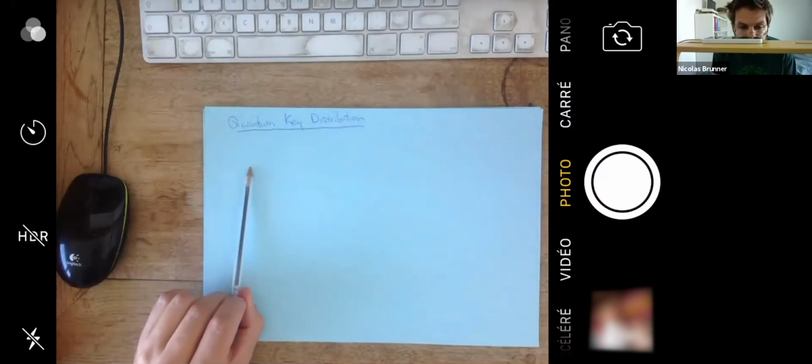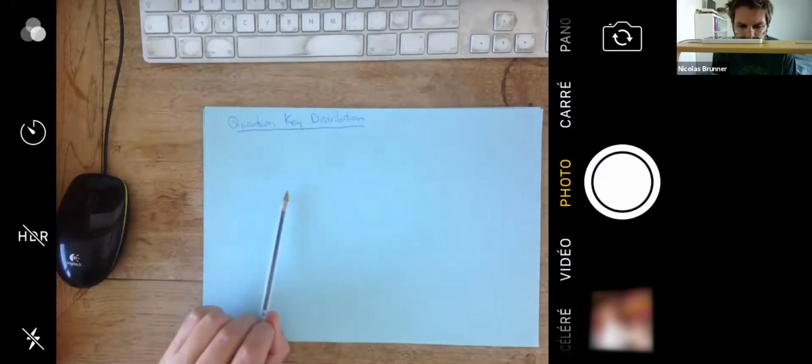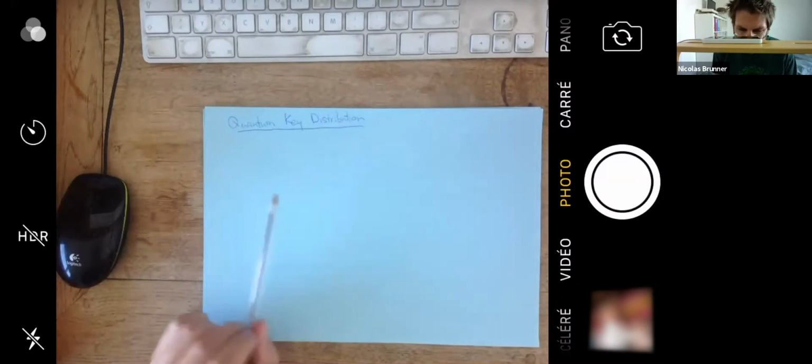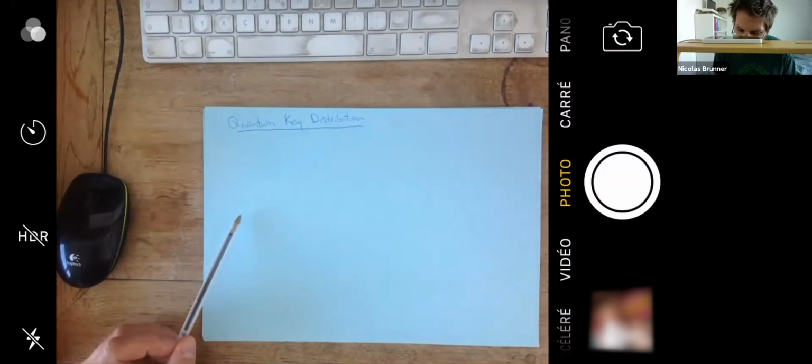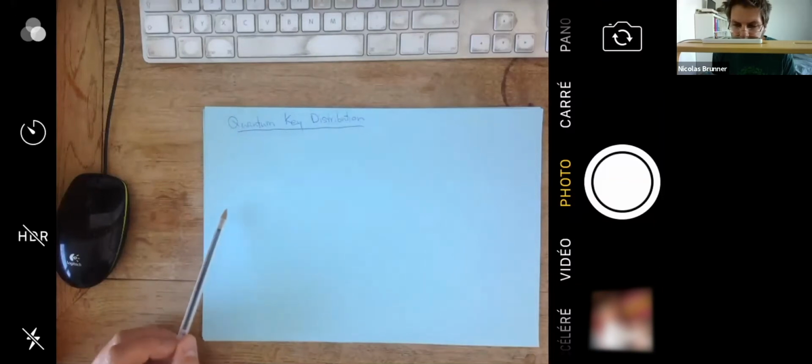So that means that if Eve tries to intervene, if she wants to extract some information about this key or these quantum systems, she has to make a measurement. But of course, the measurement will disturb the state of the system, and that is irreversible.